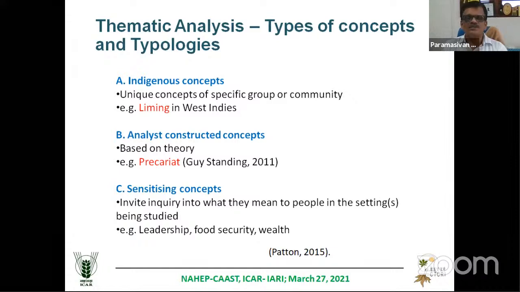The second one is analyst-constructed concepts. This person, Guy Standing, was doing labor research in the United Kingdom in the 2010s. When classifying laborers, he created a new kind of classification of labor called precariat. A precariat is a person who does not have a permanent job, or has no assurance of getting a permanent job.